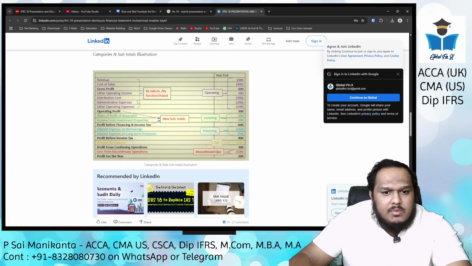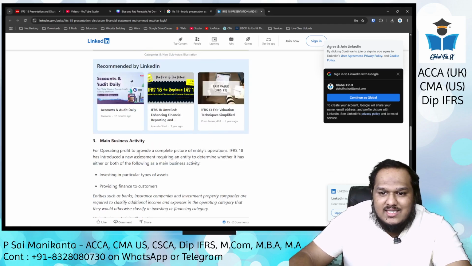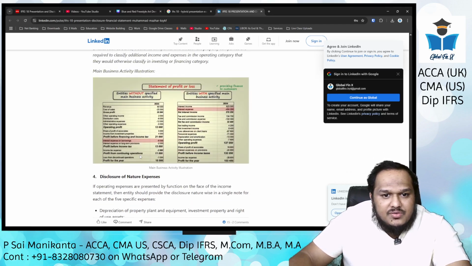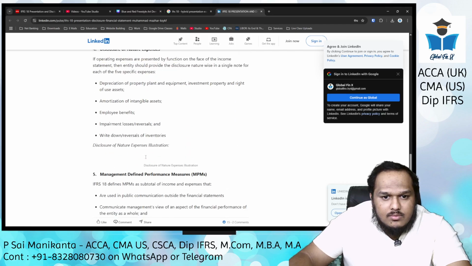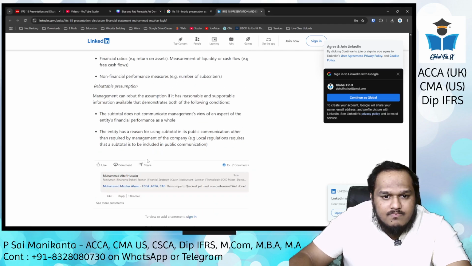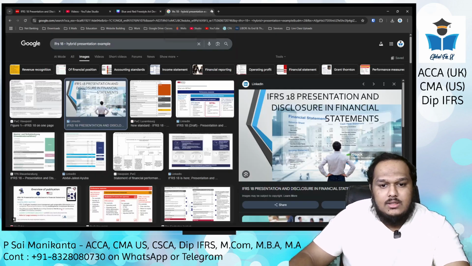Okay, see, they just said this can be presented by nature or by function or mixed. There's no specific example about mixed, I believe. Nope, no specific examples.